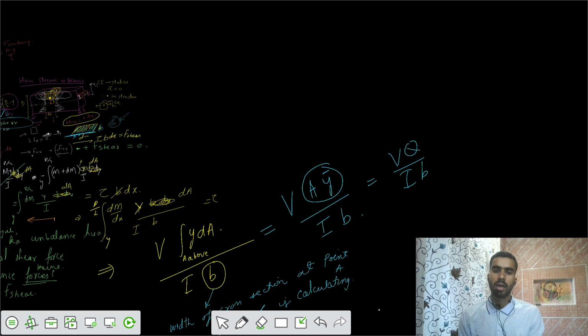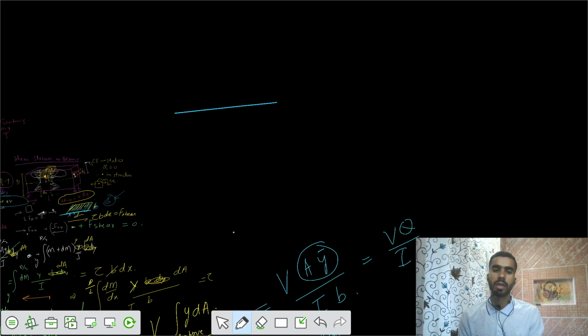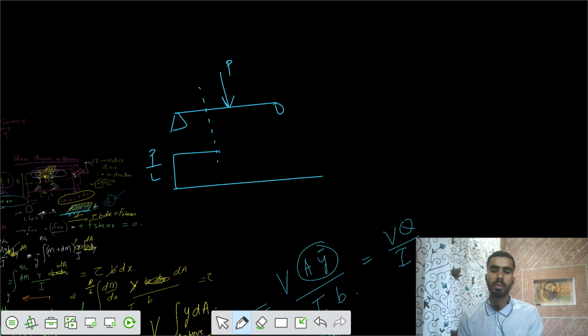So if you say that you had some loading of P, and we want to say that at some x, what was the shear force? I would say the shear force would have been P by 2, and then after that we had a shear force of again P by 2.